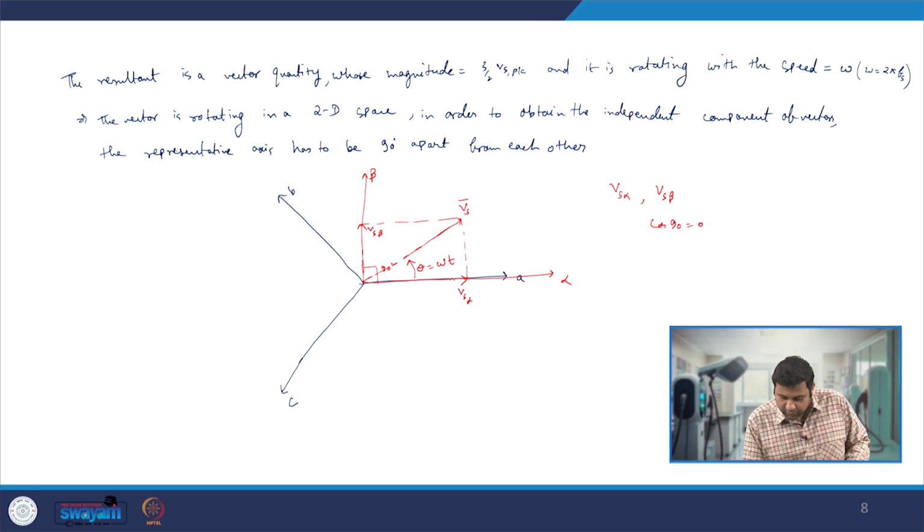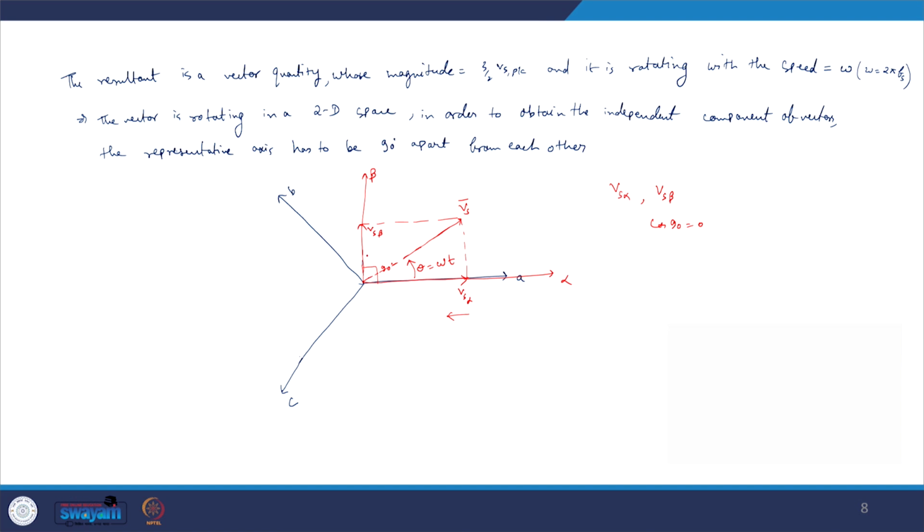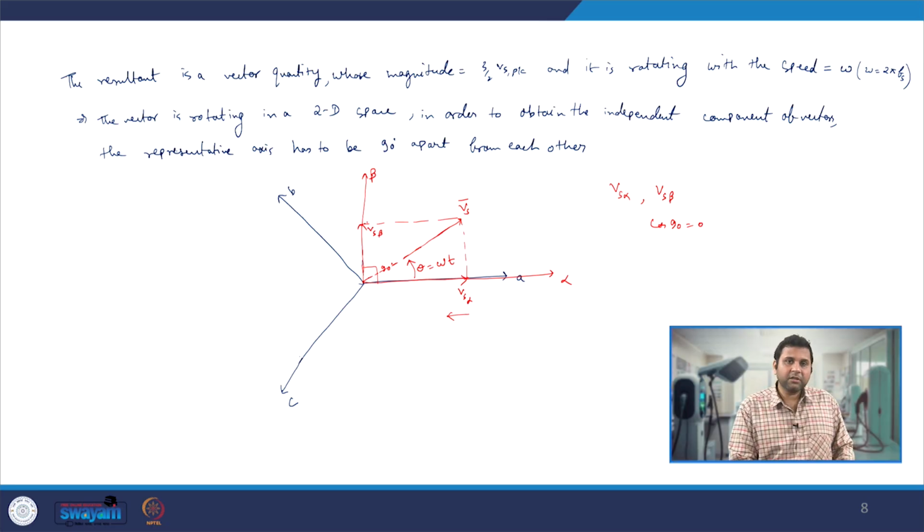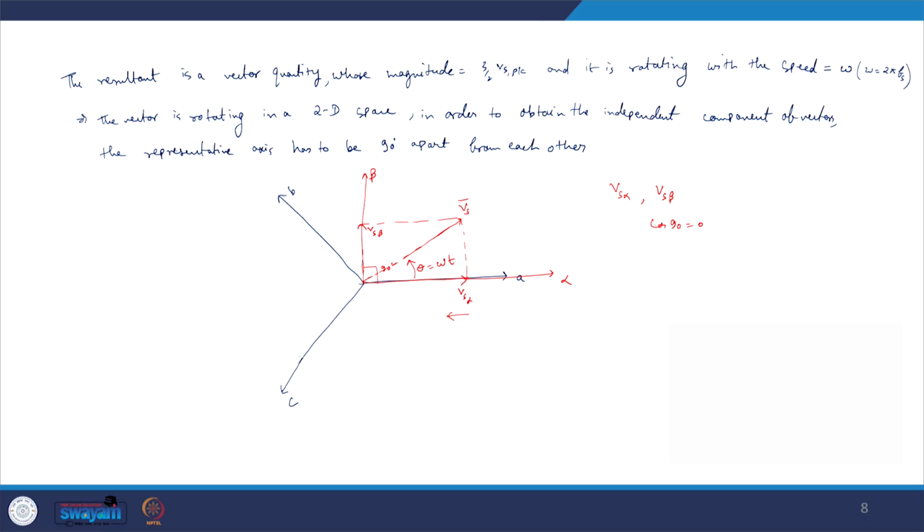Let us say you reduce the size of this alpha component of Vs, then your Vs beta is independent of this, because if you take the projection of that reduction along the beta axis, it is 0, as cos 90 equals 0. So you can independently control the alpha component and beta component. Changing the alpha component will not change anything on the beta axis component, and if you change anything on the beta axis component, you are not going to change anything on the alpha axis component.